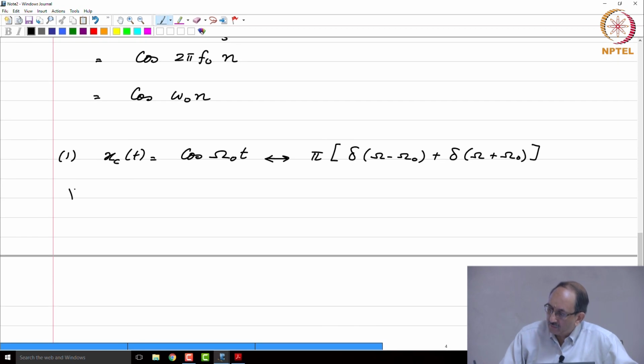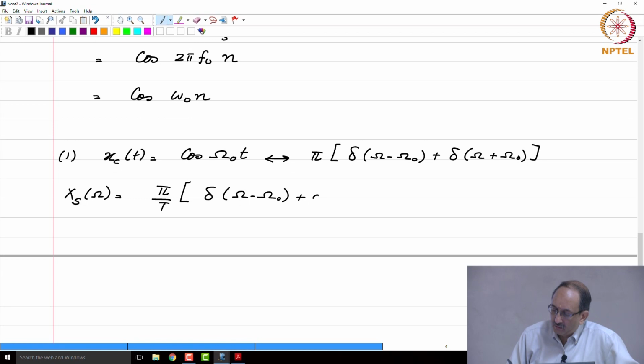Now, we look at x s of omega. You need to do two things: scale it by 1 over T and then periodically repeat it. Therefore, this becomes delta omega minus omega naught plus delta omega plus omega naught. So, this seems identical to the previous step except for the amplitude scale factor.